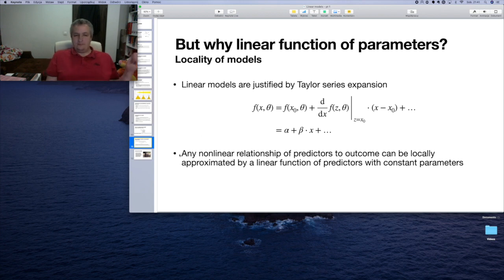So, if we know all that, we can start moving to the actual modeling to see what's going on.